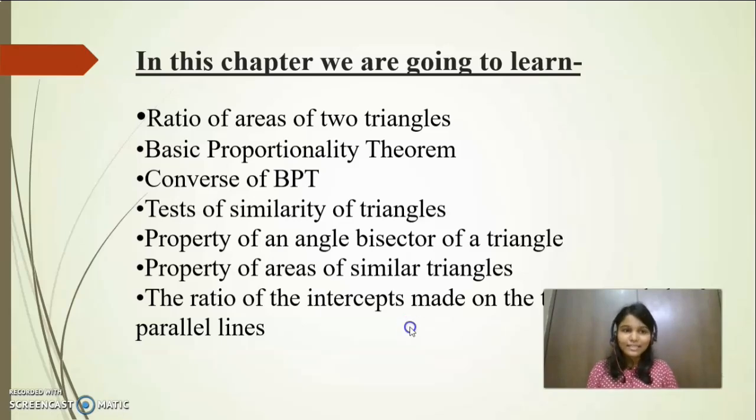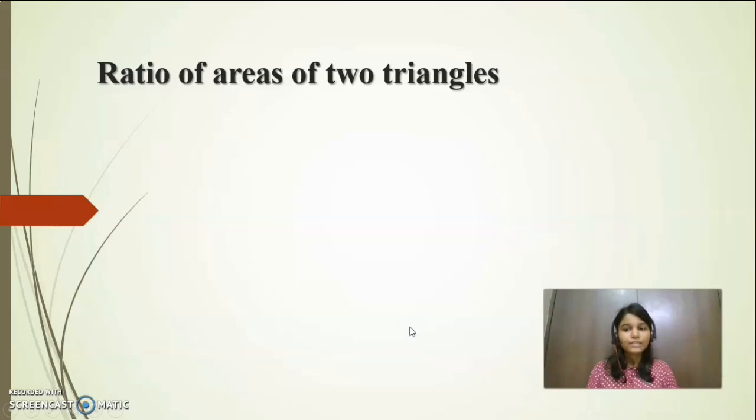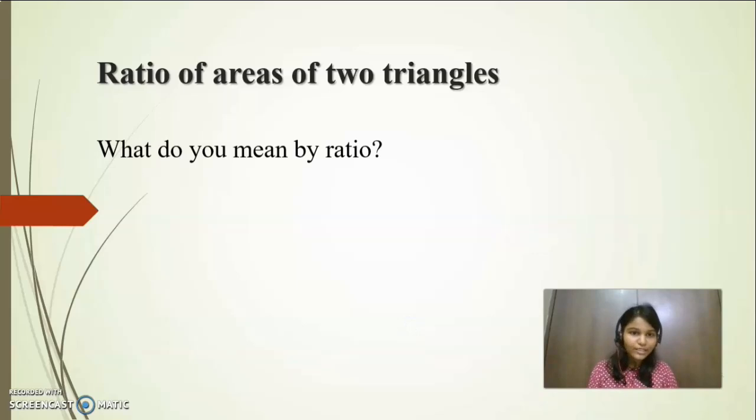Okay, so let us start with the first concept, that is ratio of areas of two triangles. Let us understand word by word. Now let us see what we mean by ratio. Everybody knows what a ratio is. Let us first take an example of ratio. Can you see an example of ratio on the screen?